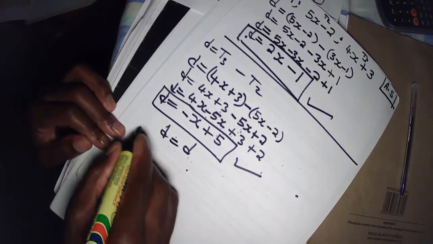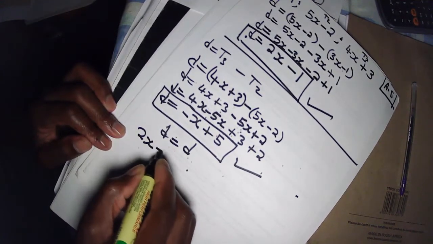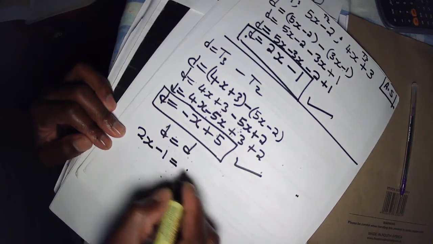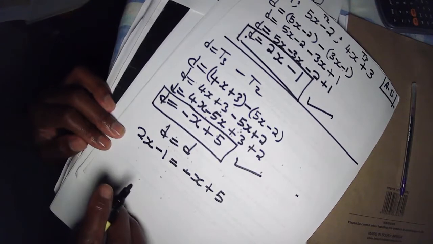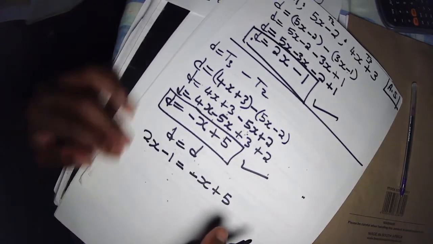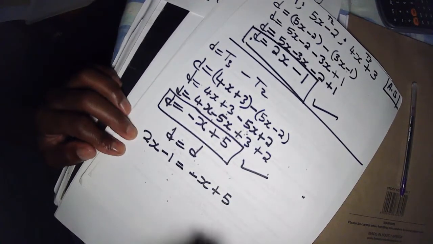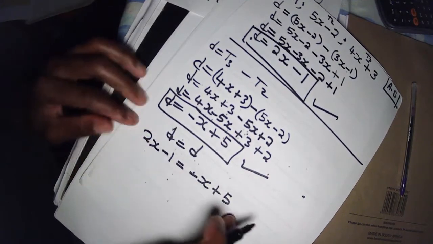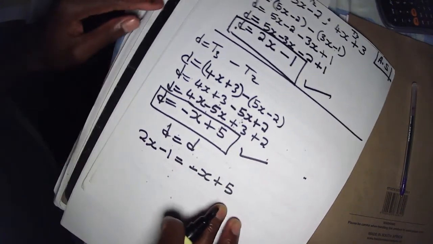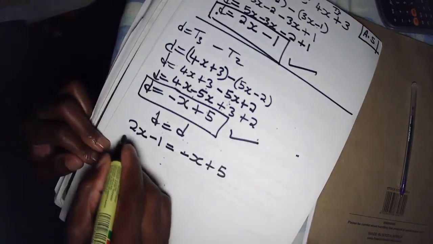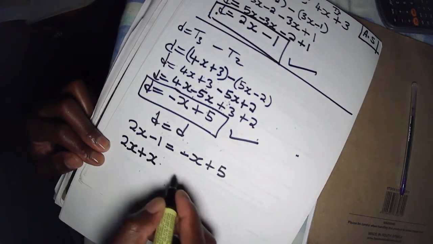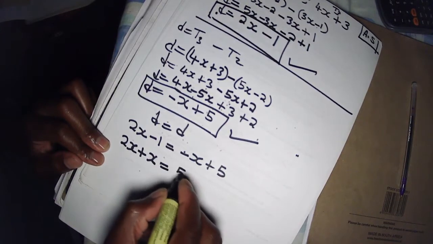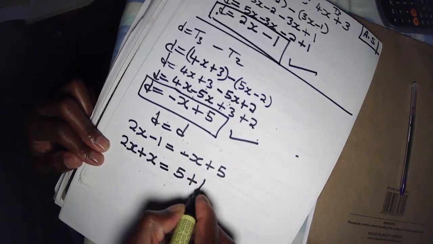It means that 2x minus 1 is equal to negative x plus a 5. See how easy this is. Now I'm going to simplify this as much as possible.